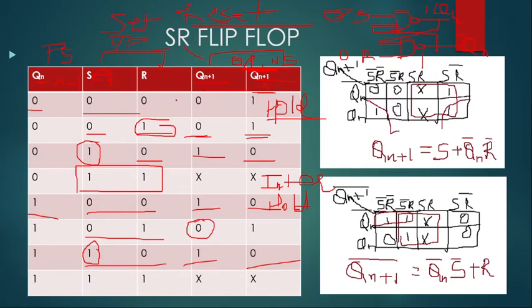So that means it is your invalid state. This is also one drawback of the SR flip flop, that it gives you invalid state output when both the inputs are 1 1.